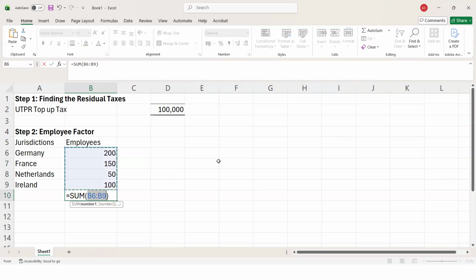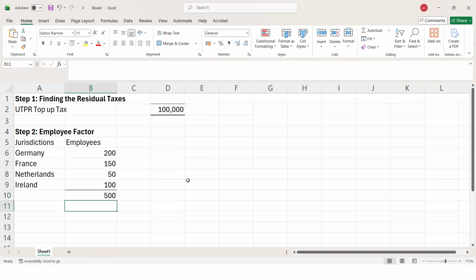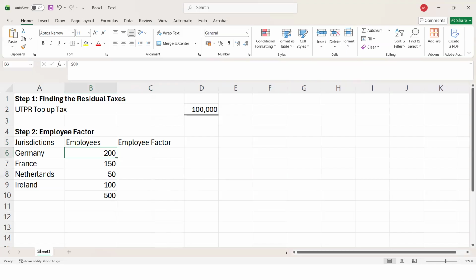So what would be the total? There is a total of 500 employees, and now we will find the employee factor. What is the employee factor? It is nothing but the employees here divided by the total number of employees.